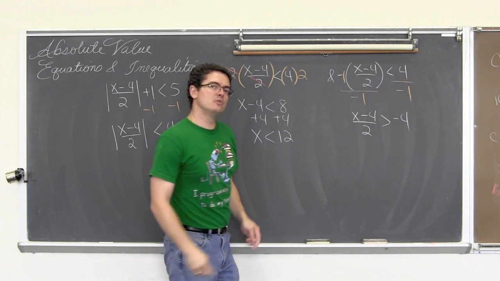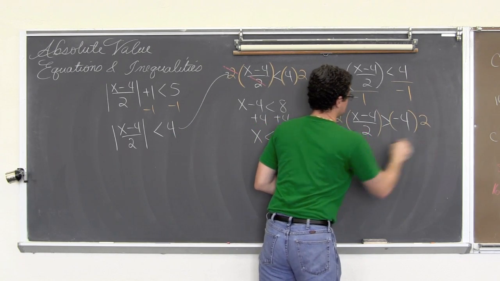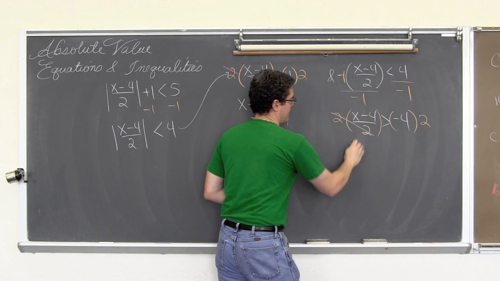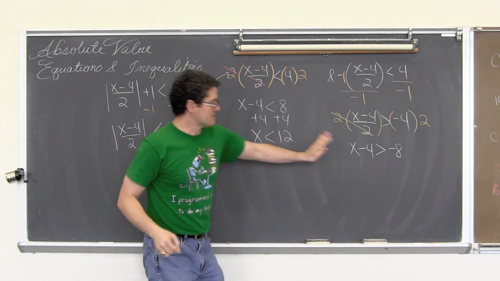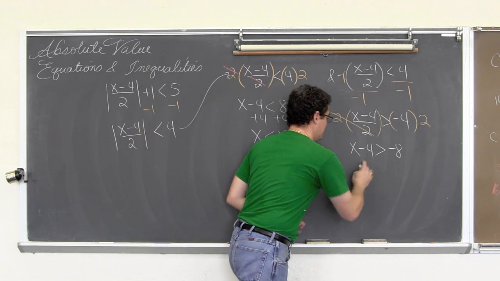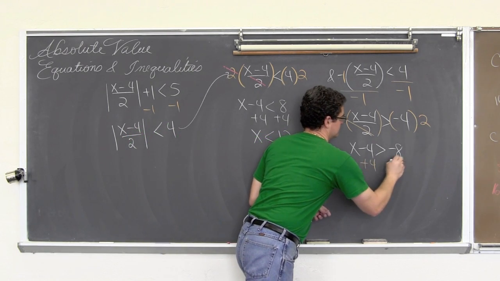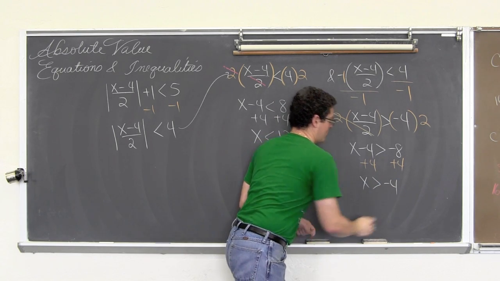Undo the division of 2 by multiplying by 2 again. That's going to cancel that out, and we get x minus 4 is greater than -8. So, add both sides by 4 to undo that subtraction of 4. And we get x is greater than -4.